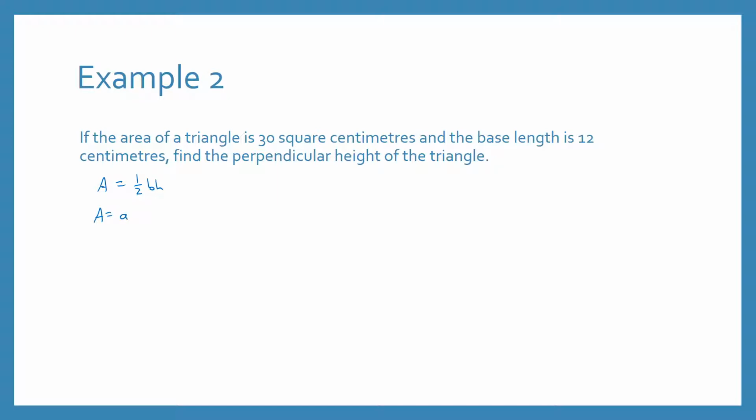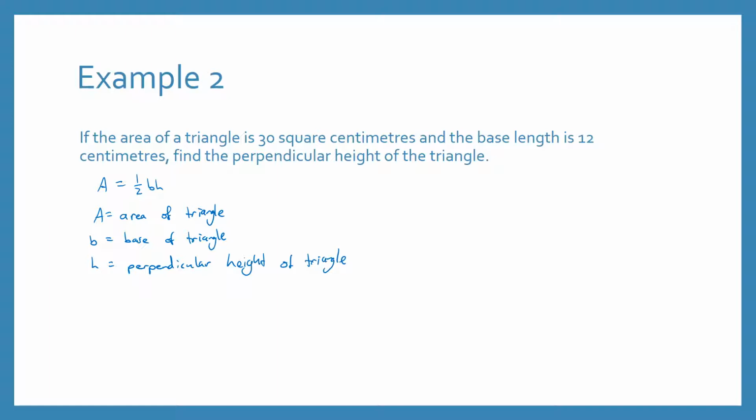So we could write A is the area of a triangle, B is going to be the base of triangle, and H is going to be the perpendicular height of a triangle.